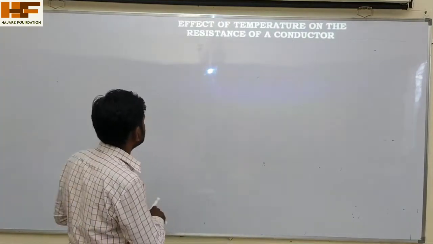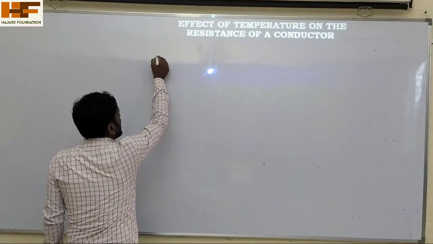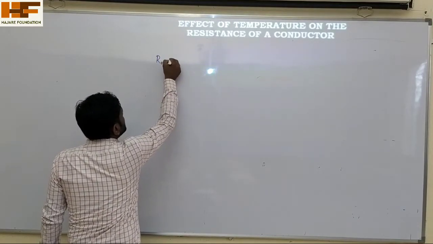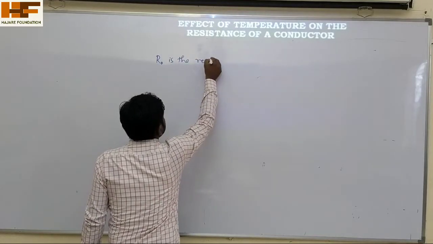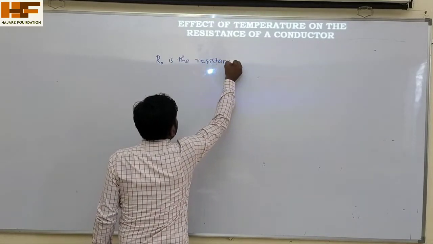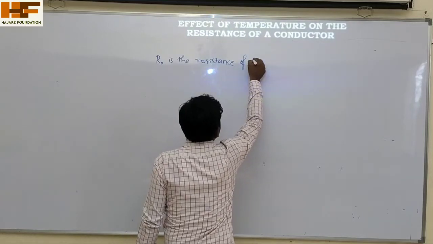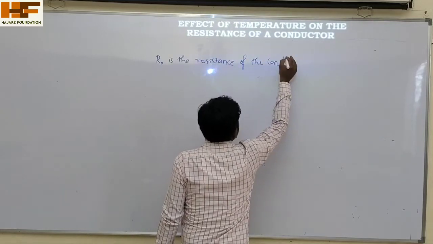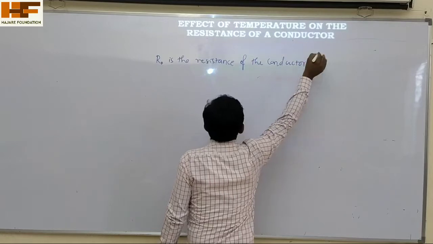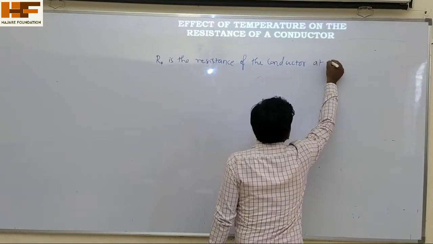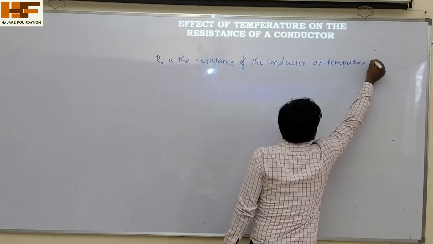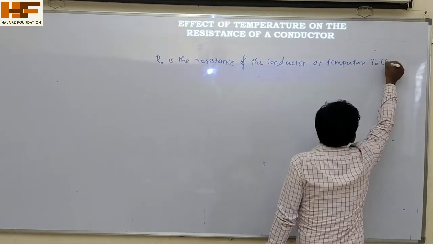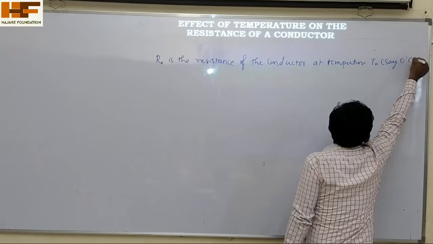Okay. Let us consider R naught as the resistance of the conductor at a temperature T naught, say 0 degree Celsius.